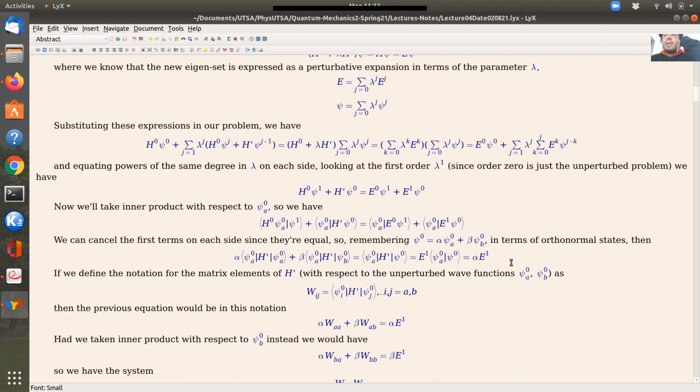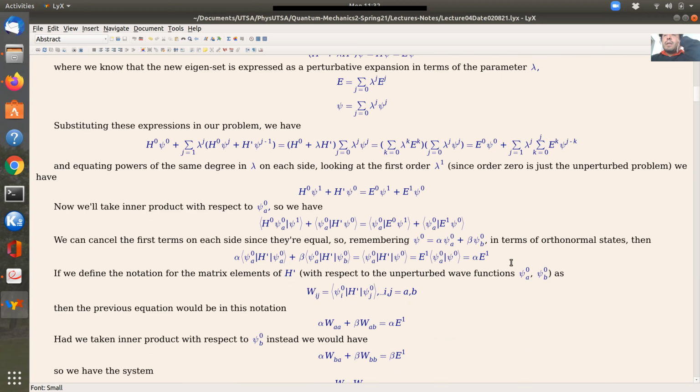And later on, what we remember is that psi naught, which is what we want to find, is basically a linear combination of the states psi 0a plus psi 0b with the coefficients alpha and beta. So we plug that in here.